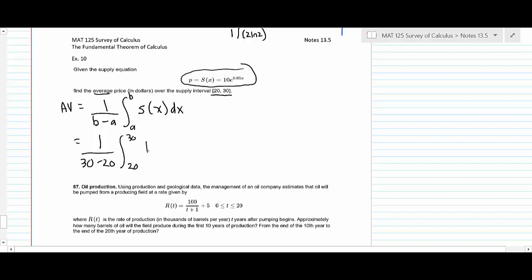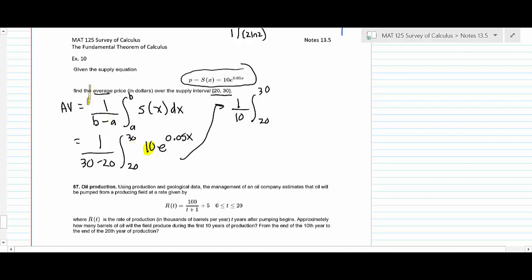The function is 10 e to the 0.05x, okay, and this is a U substitution again. So if you didn't quite catch what I was doing in the last one, this is going to be the same thing primarily. So I'm going to have 1 over 10 integrating from 20 to 30, and then what can I do with this 10? Bring it out.